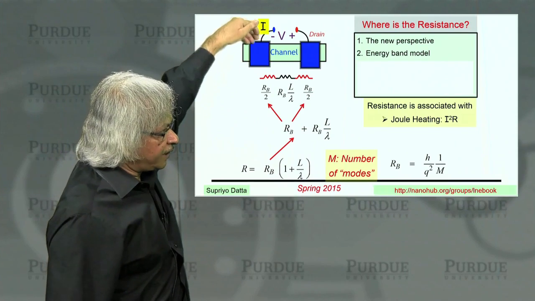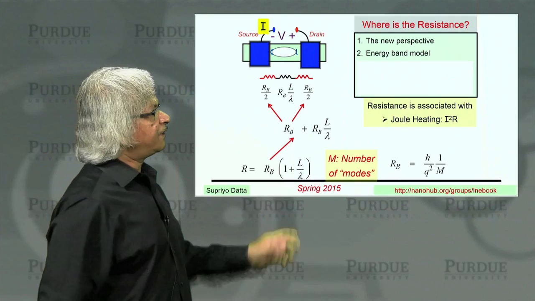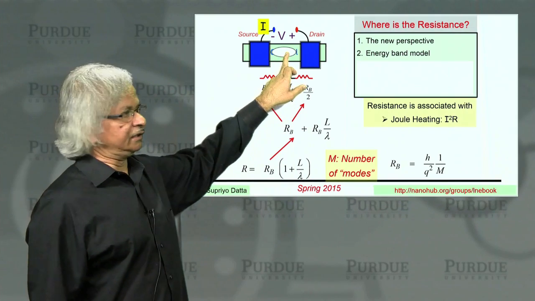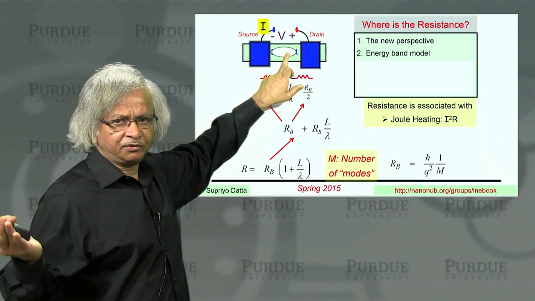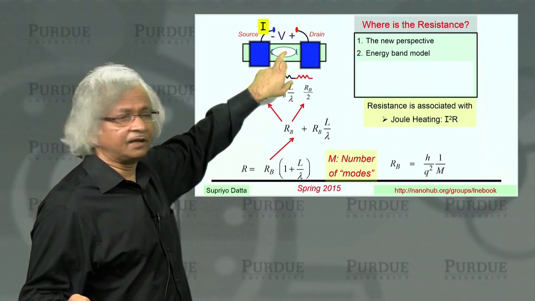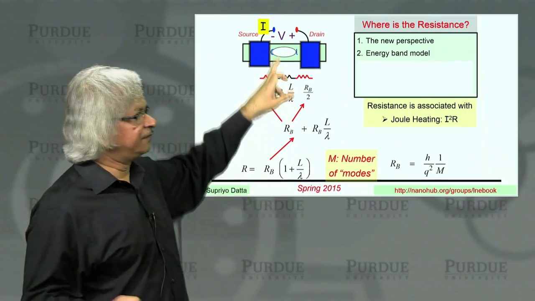Electrons, the rate of flow is really controlled by the narrow region, which means if I were to punch a hole in the middle of the channel, the resistance would go up, no question. Just as you would intuitively think, electrons would have a tough time getting around that. But does that mean there'll be a lot of heating right there?